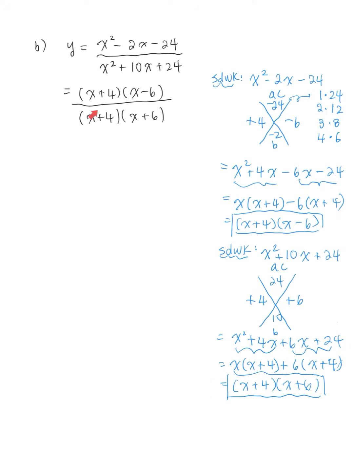So here it is. Now, remember what we're doing. We're trying to look for the vertical asymptote. For the vertical asymptote, you cancel what you can, then set the denominator equal to 0. So let me write every step out here. Cancel the common factor.